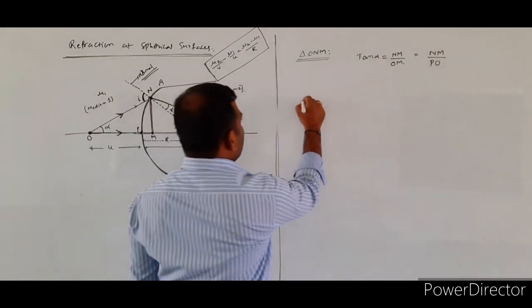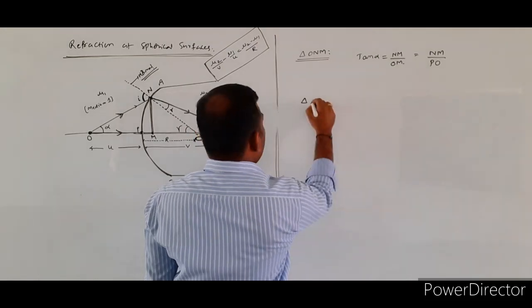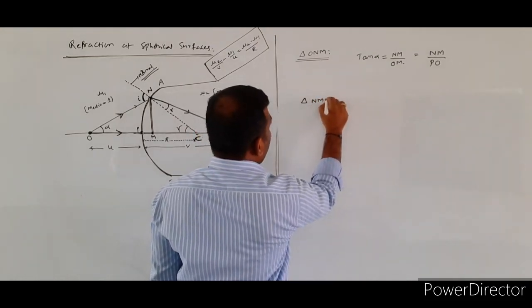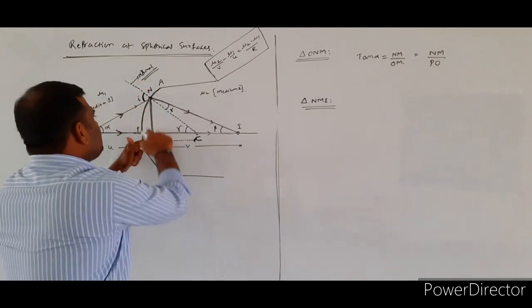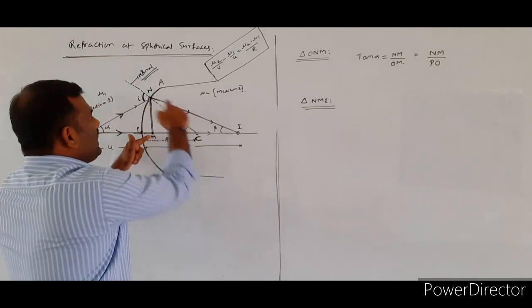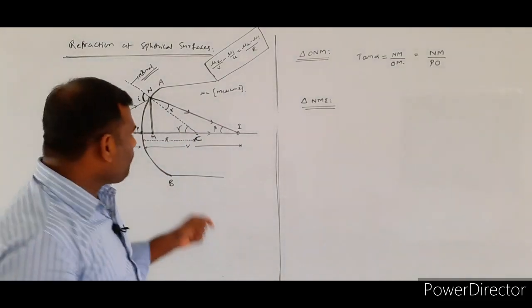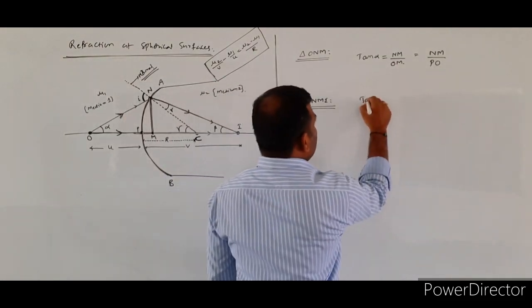Next, again I consider one more triangle, triangle NMI. This is a right angle triangle. From this I will write the value of tan beta.